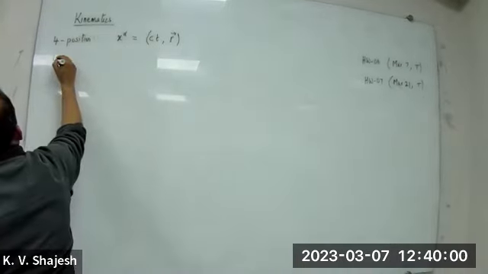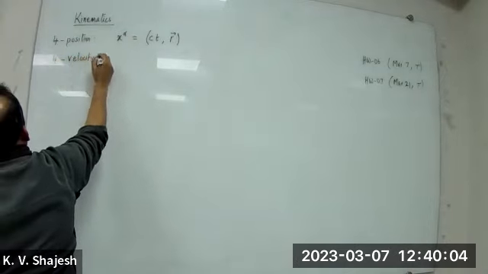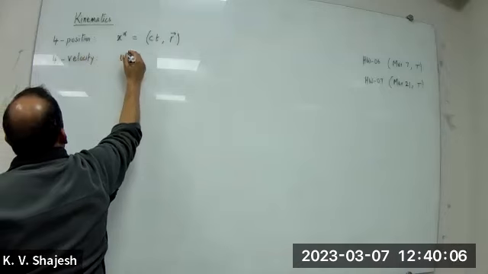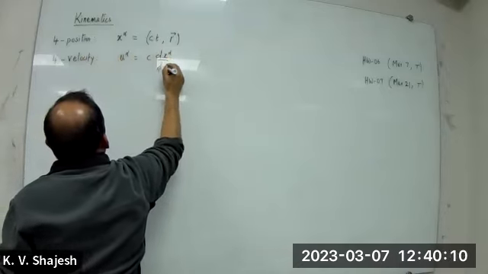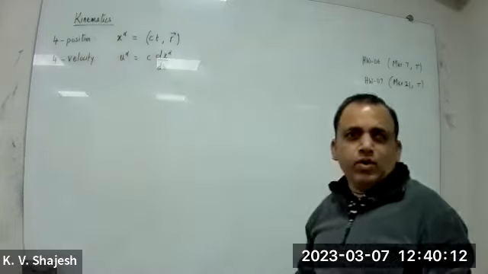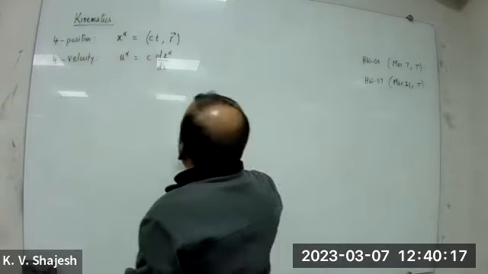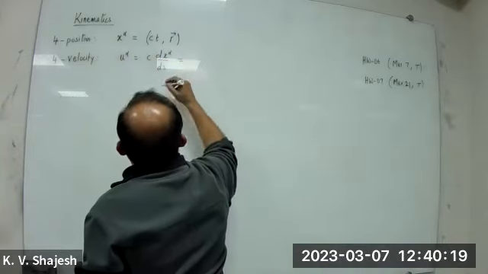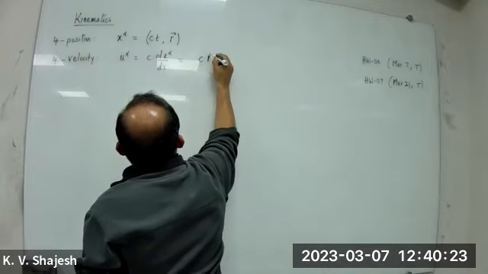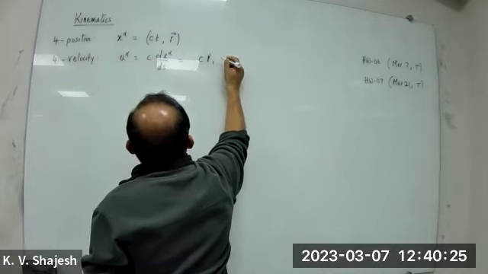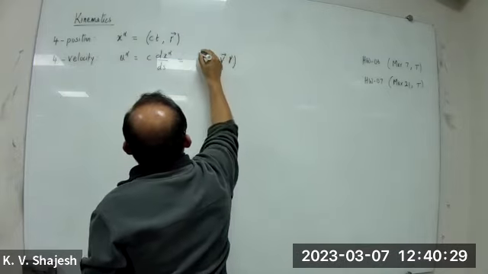We defined four-velocity as c times the derivative with respect to proper distance, and this leads us to the idea that this is c times gamma and v times gamma.